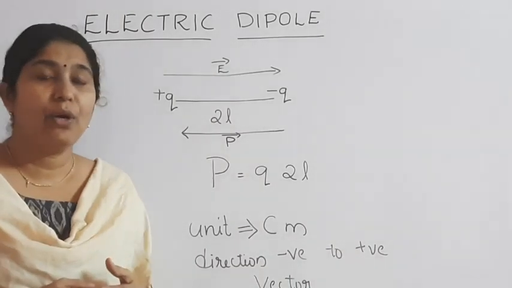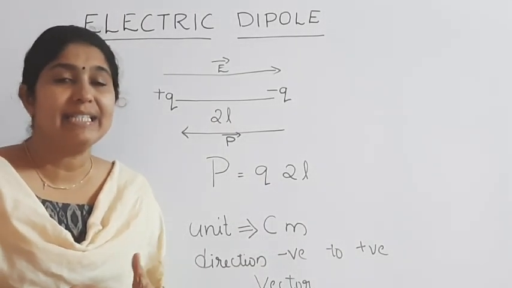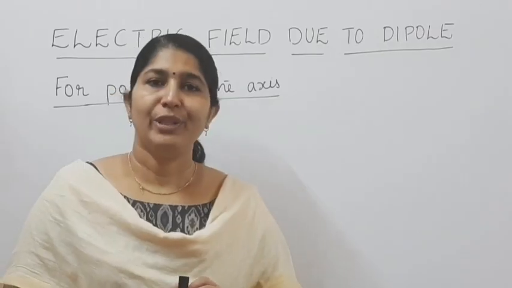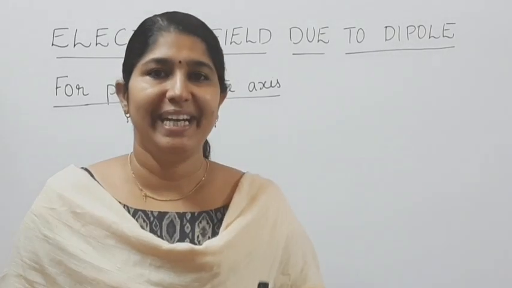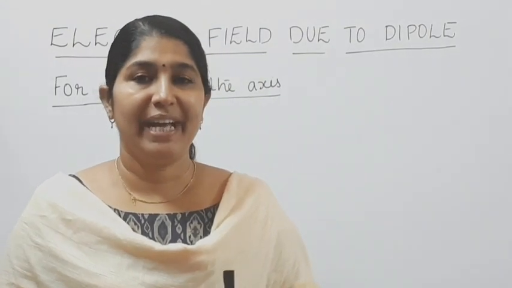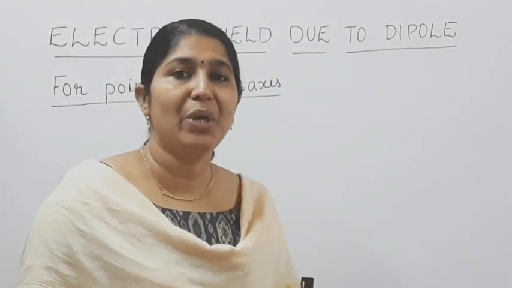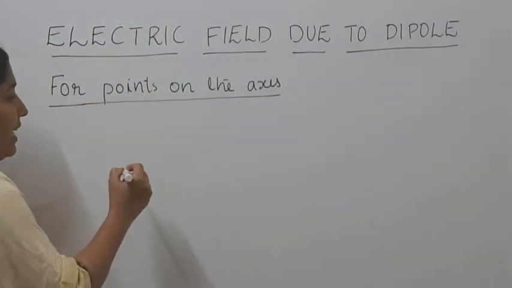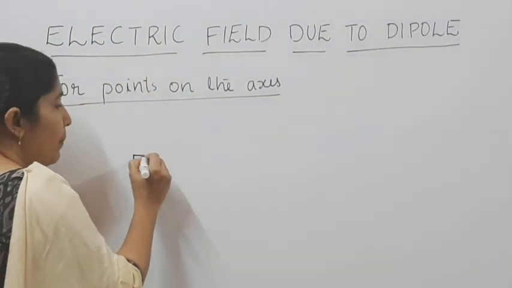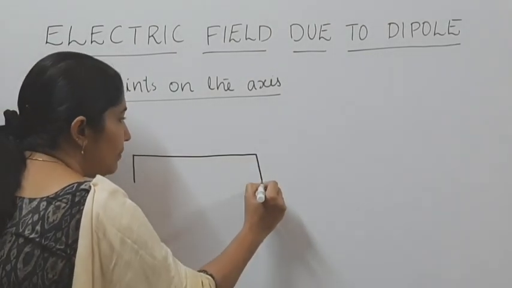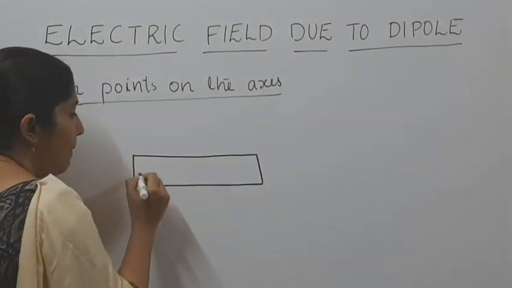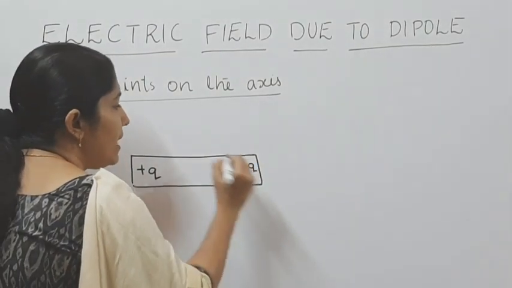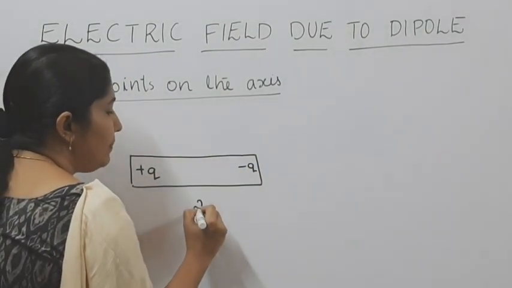Now we can find out the electric field intensity at a point due to a dipole. For this, we consider a dipole, that is two equal and opposite charges separated by a small distance. Here we consider a dipole, plus q charge and minus q charge separated by a distance 2l.